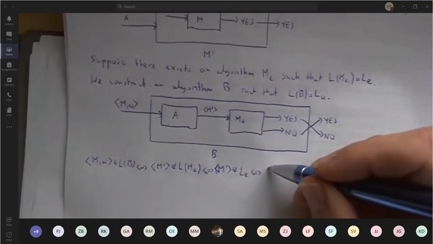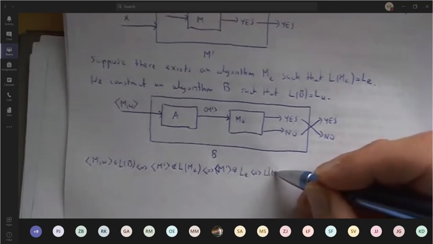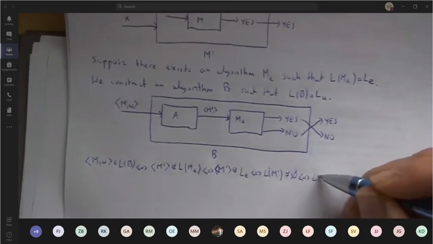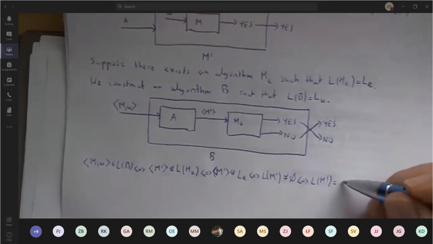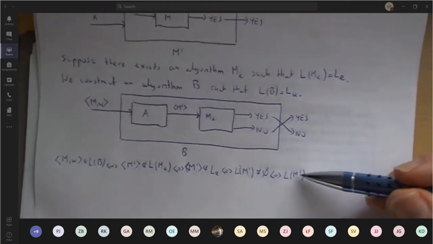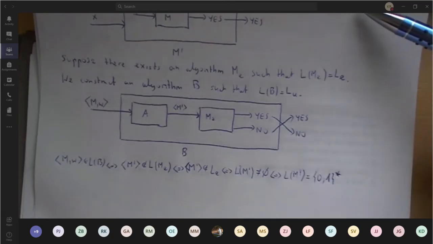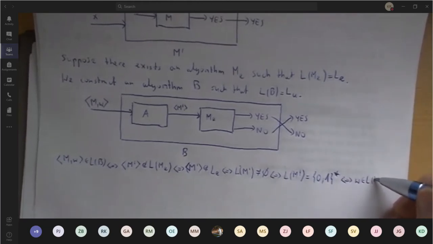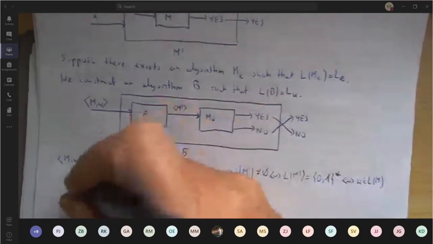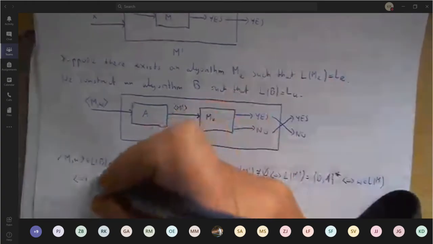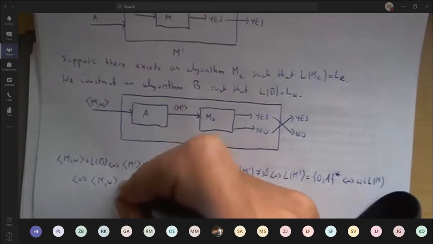Maybe I will write that. And this is the case by the definition of M prime when M accepts W. And this is, of course, the case.